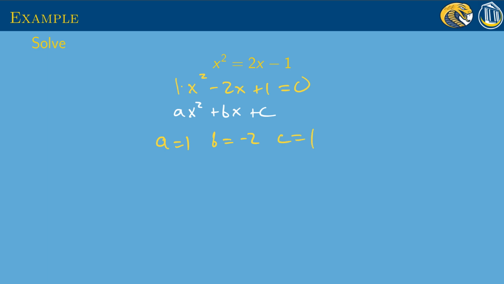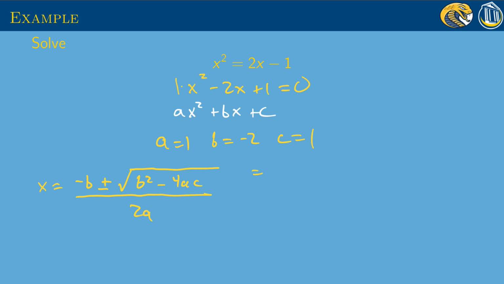And what we can do is plug this into the quadratic formula, which says that x equals, say it with me, negative b plus or minus the square root of b squared minus 4ac, all divided by 2a. And since we know the values of a, b, and c, we can just plug them into this equation and get our answers. Let's give it a shot.